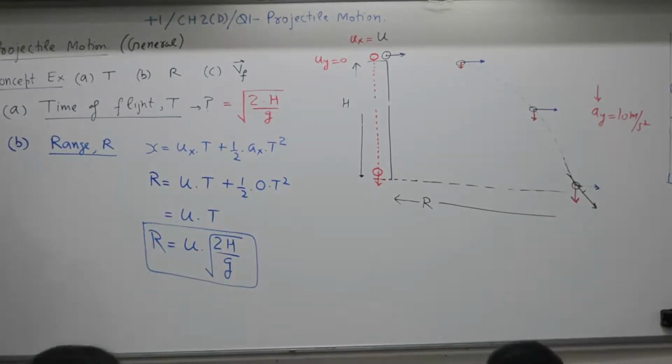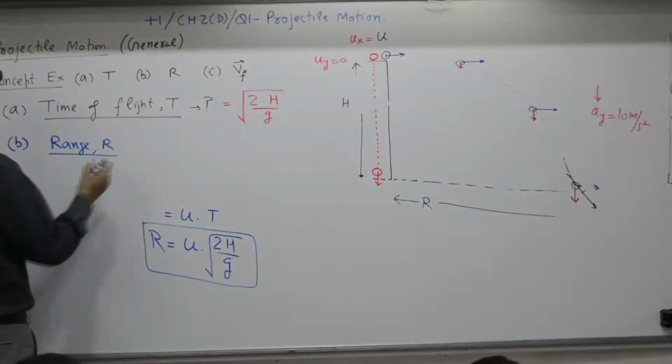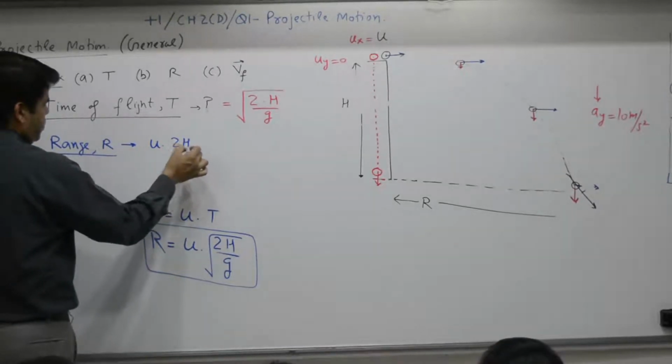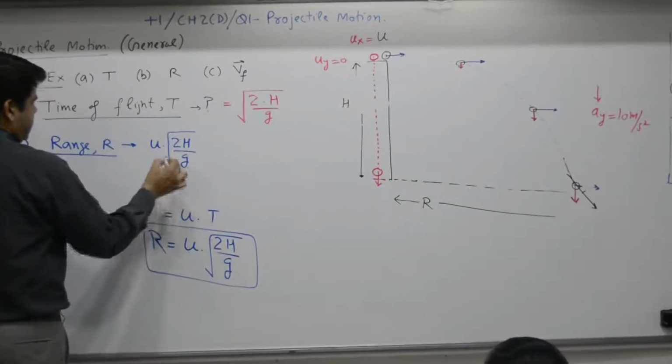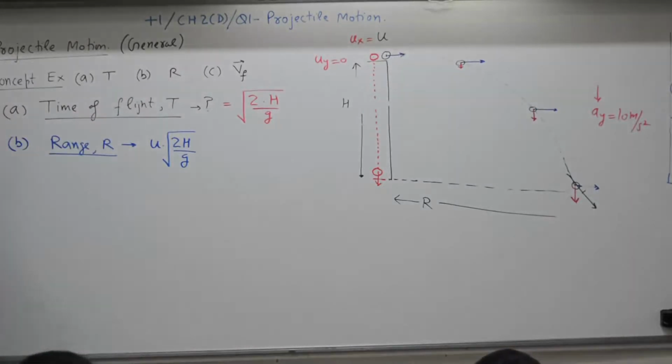Velocity. Range comes out to be u times the square root of 2h by g. Write an expression for velocity. Final velocity, you can say, or velocity at any instant of time t.